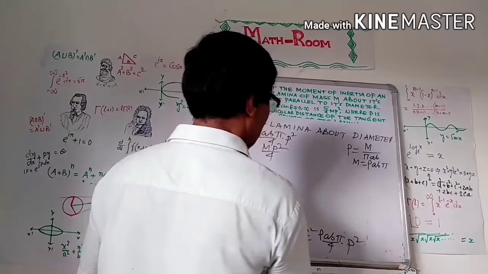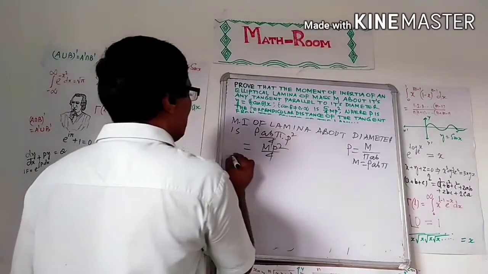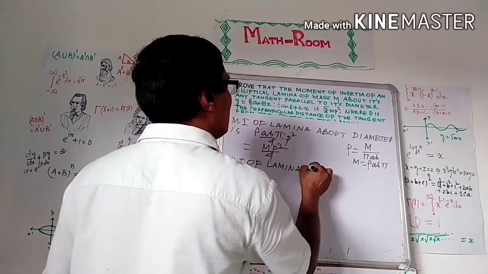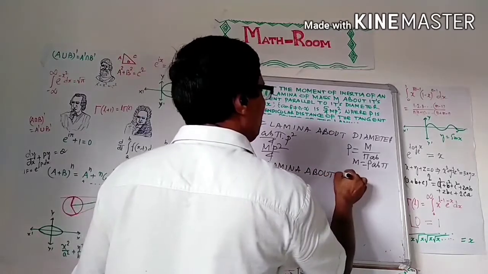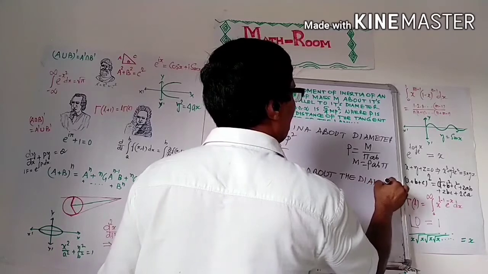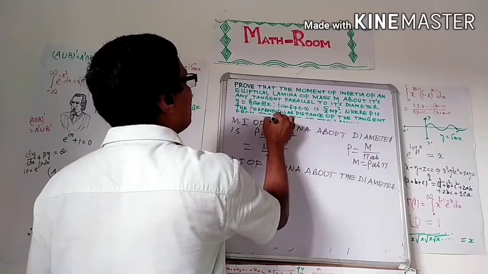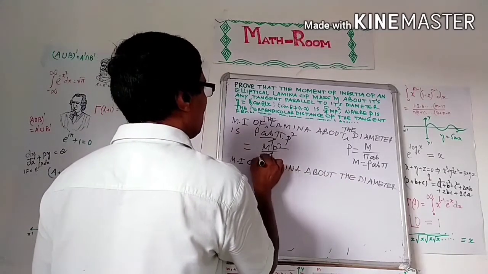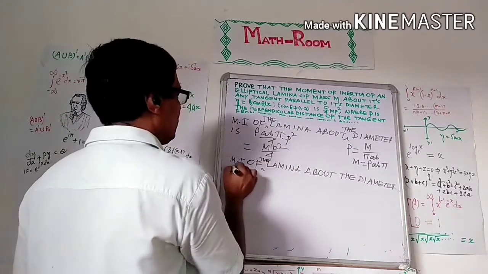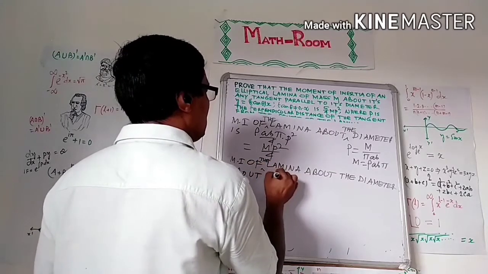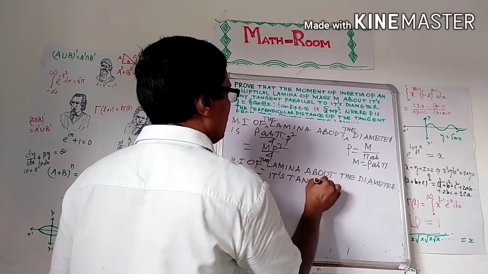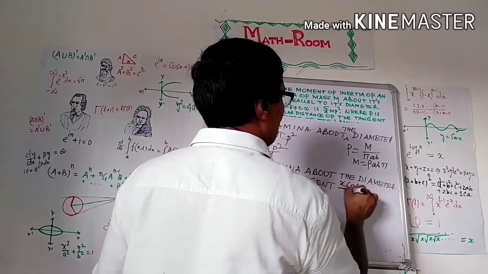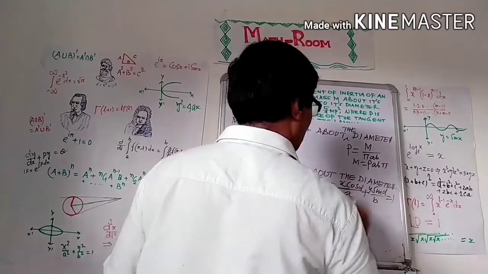Now finally we have to derive the moment of inertia of the lamina about its tangent, whose equation is regarded as x cos alpha over a plus y sin alpha over b equal to 1.